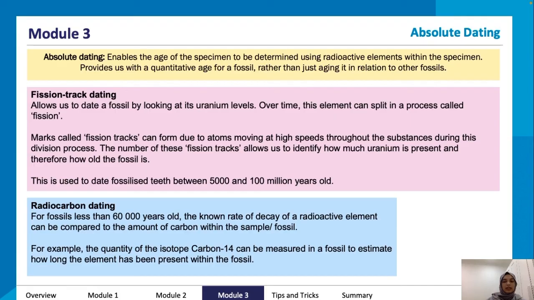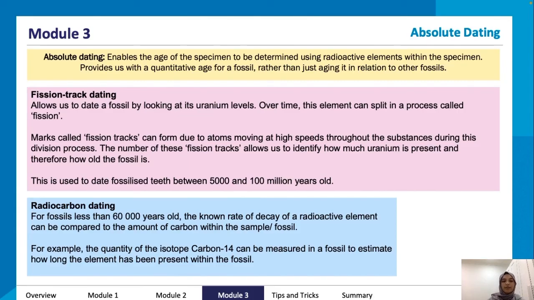This element can split in a process called fission. Marks called fission tracks can form due to atoms moving at high speeds through the substance during this division process. So the number of these fission tracks allows us to identify how much uranium is present and therefore how old the fossil is.